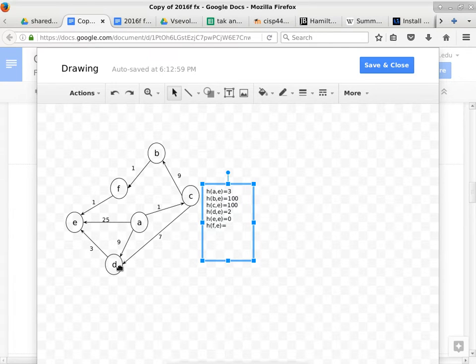D is going to be in the open set for sure. But when D is in the open set, it will explore B. And the idea is by the time it explores B, we don't want it to put B back into the open set. But in order for B to have a value, it has to be in the open set initially. So we need an edge going from A to B.